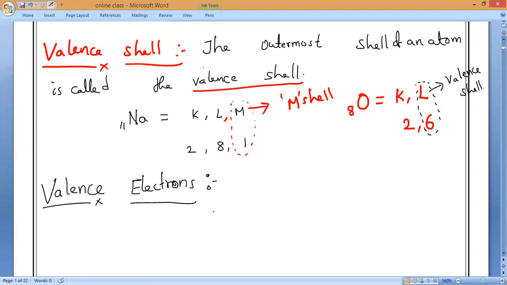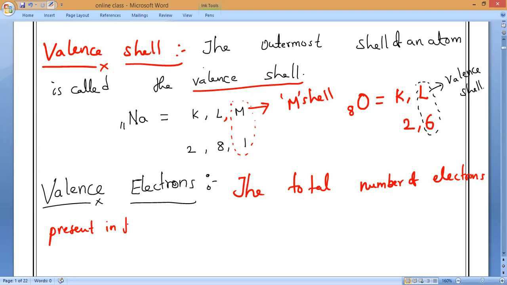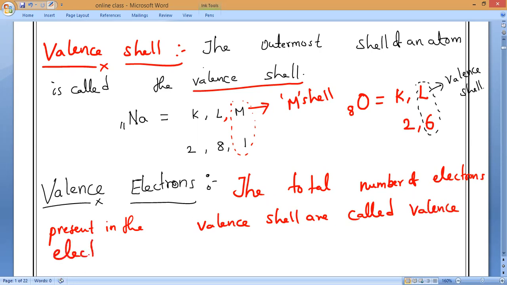So valence electrons means the total number of electrons present in the valence shell are called valence electrons. Is it okay, everyone?